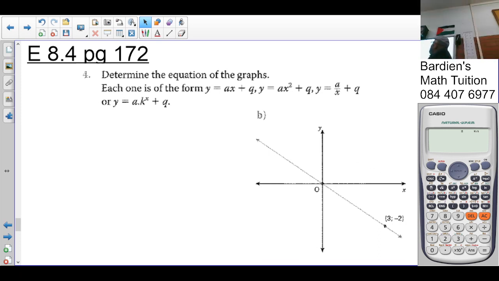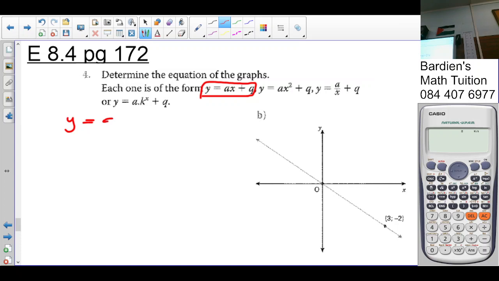Alright. Determine the equation of the graphs. Each one is of the form y equals ax squared plus q, y equals a over x plus q, or y equals a times k to the x plus q. So what type of graph is B? A straight line. So which of these formulas will it be? The first one, the straight line: y is equal to ax plus q. What is q? The y-intercept.